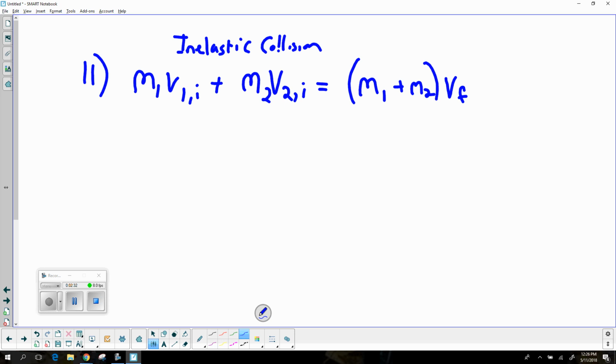So, they told us that the first mud ball was 3.00 kilograms, and that's mass 1. They didn't tell us the speed.